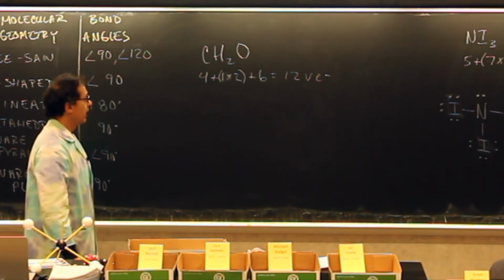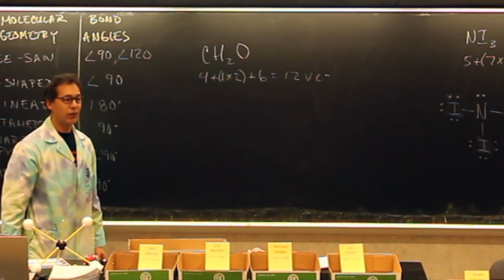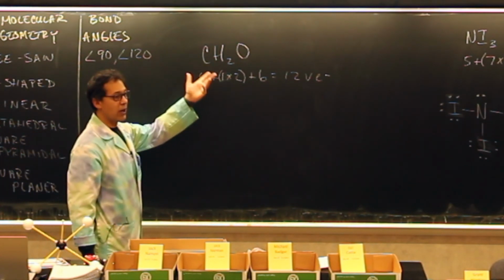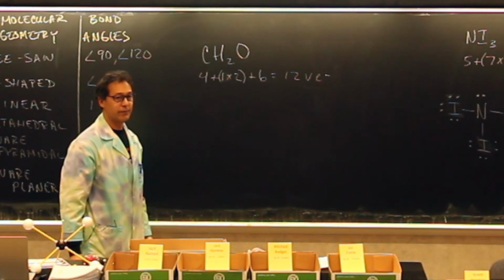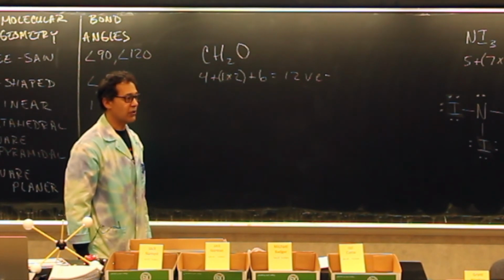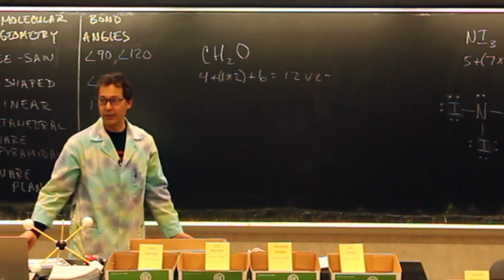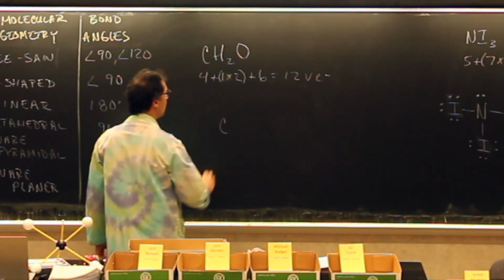Now, this is a little trickier. Up to this point, we've just picked a central atom, whichever element there's only one of, which means it could be carbon, it could be oxygen. Probably not going to be hydrogen. But then the question is, which is going to be our central atom? Which one's furthest to the left on the periodic table? Carbon, generally. Okay. So carbon's going to be our central atom.